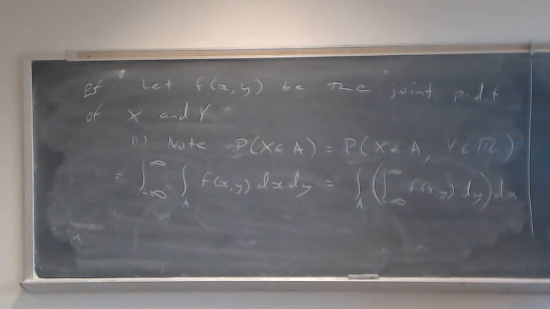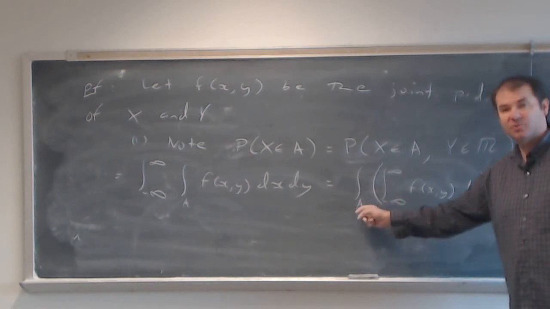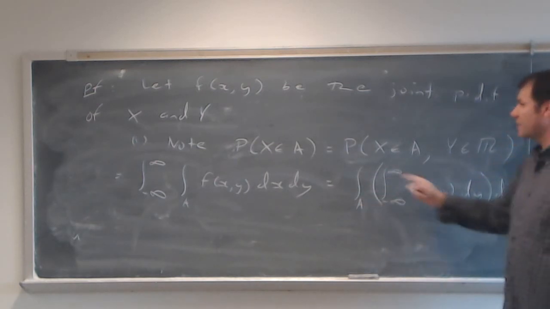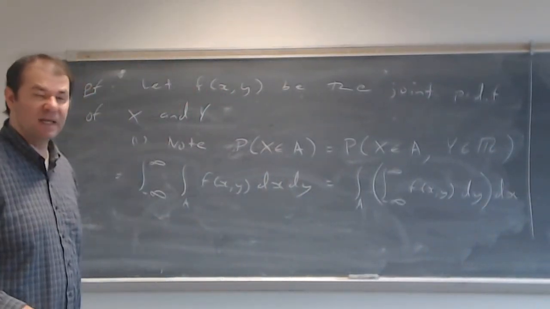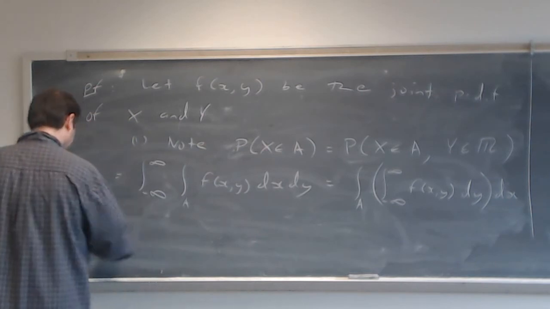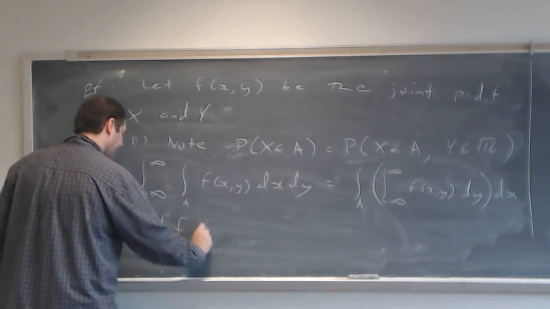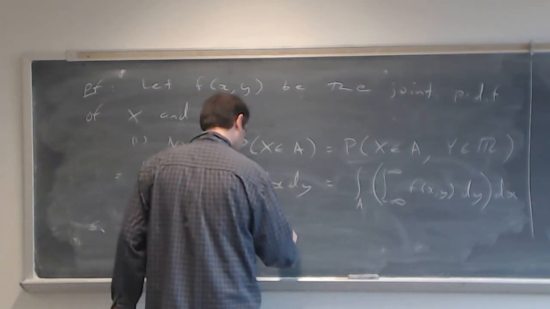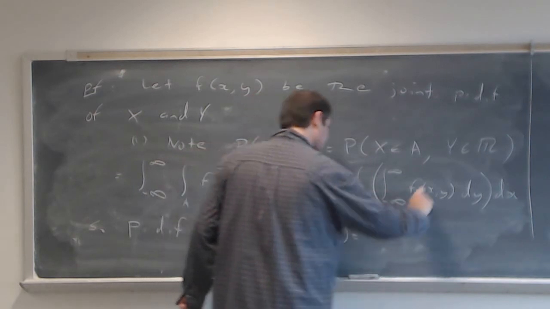So we do this inner part first, and then we do the outer integral. When I look at this inner integral, what's in parentheses is the function that I integrate over any A to find the probability that x is in that A. Well, by definition, that is what it means to be the probability density function of x.